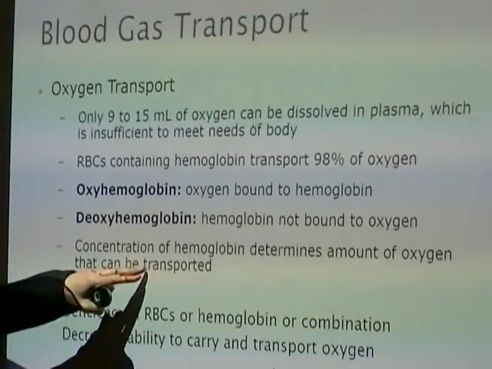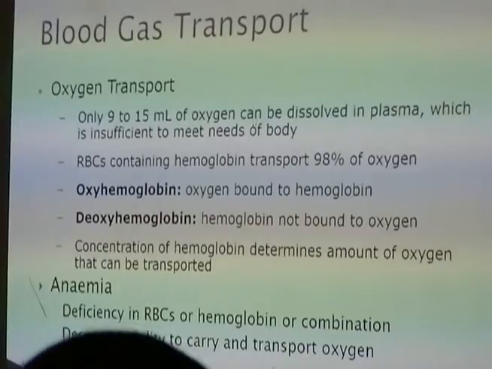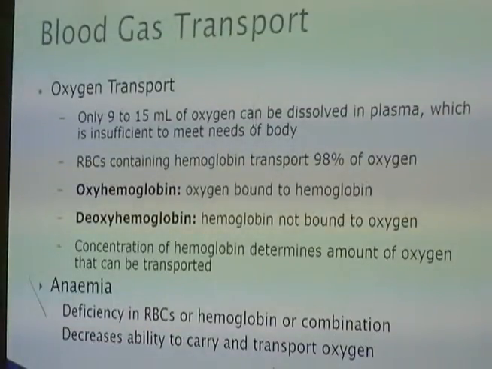If you think about it, how much hemoglobin I have available would dictate how much oxygen I can move around. Okay? If I can't dissolve it in the plasma, I have to have the taxi to pick it up and carry it around. So the more hemoglobin I've got available, the more taxis I have, the more oxygen I can carry to the muscles.